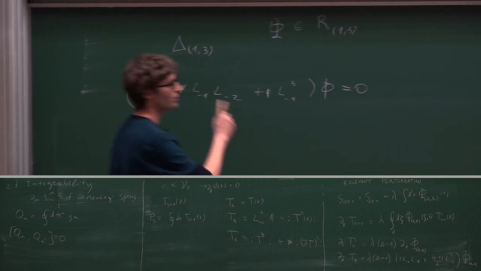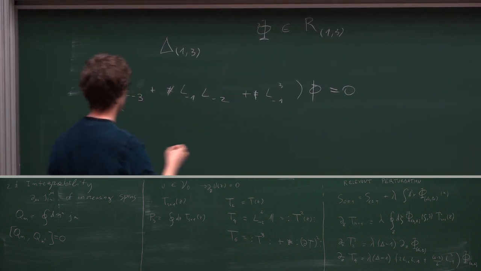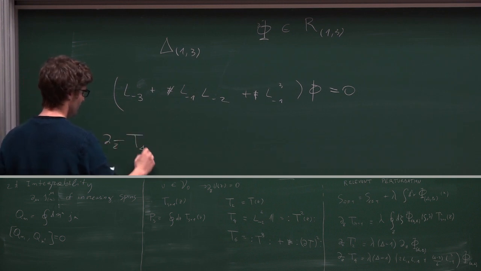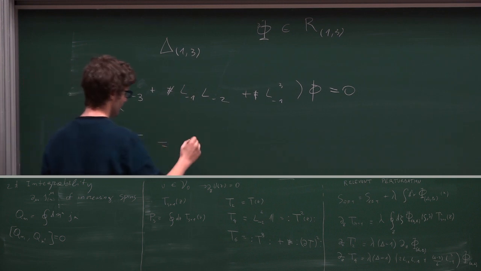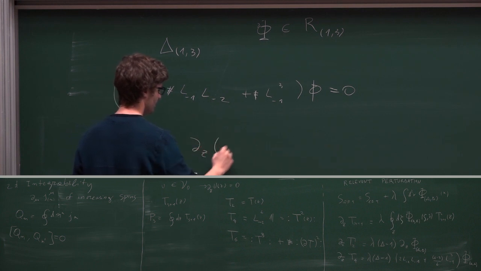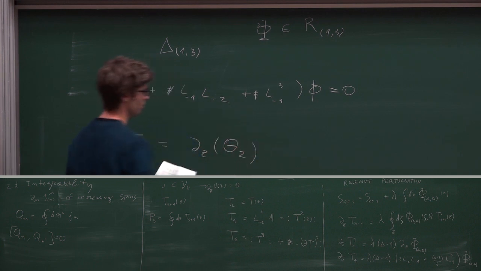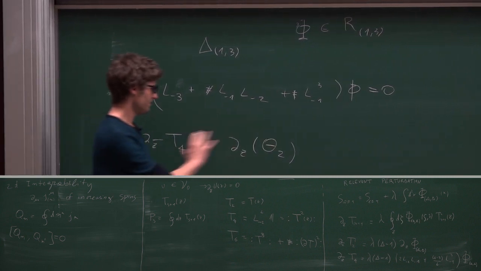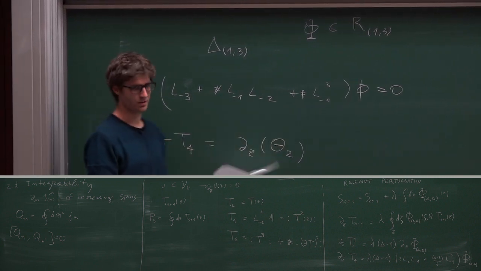So if you combine this equation with that one, you find that this T4 is equal to this, Z of theta2. You find explicitly this new field and this new conservation law at first order in lambda.